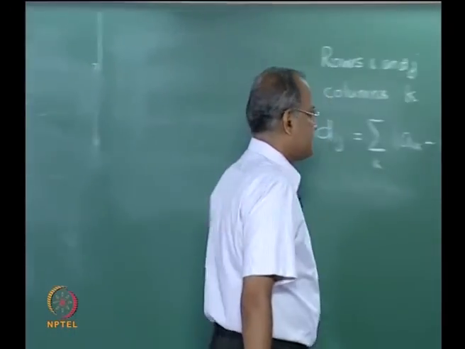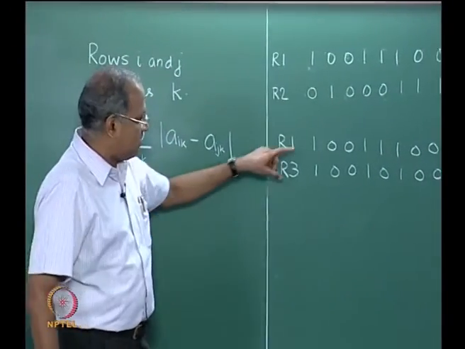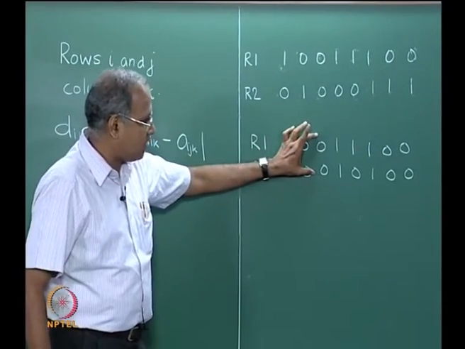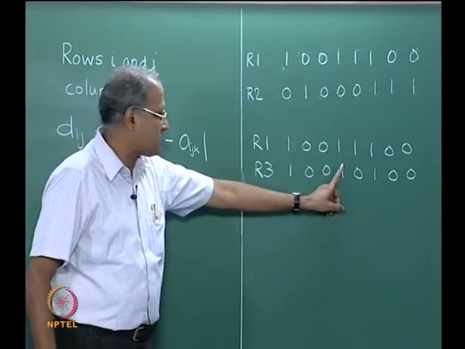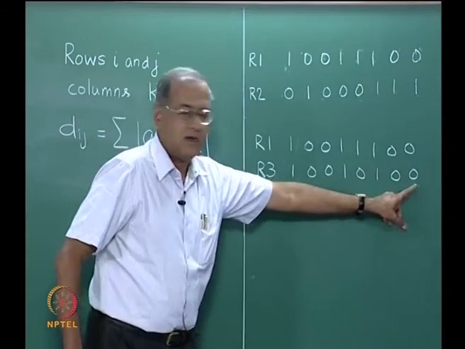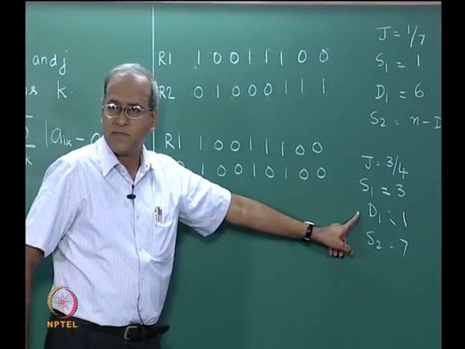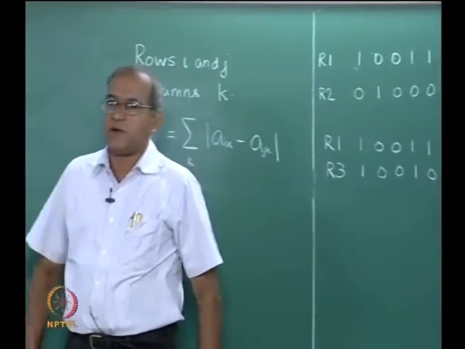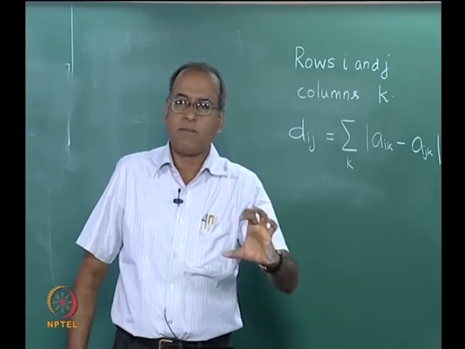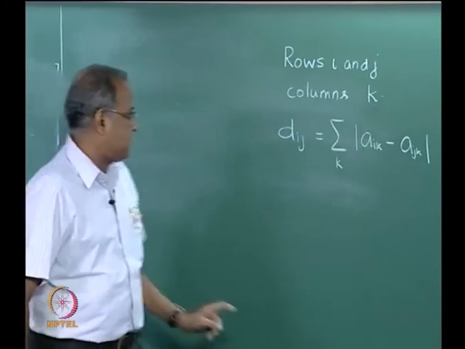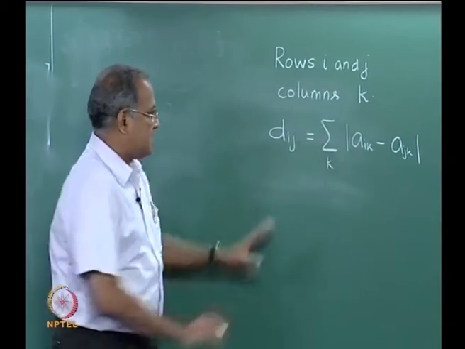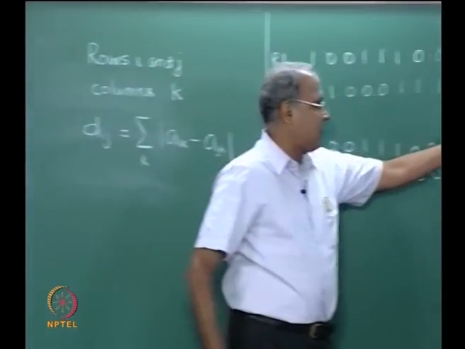For example, absolute value of 1 and 1 is 0, 0 plus 0 plus 0 plus 1 plus 0 plus 0 plus 0, d is equal to 1. So, this will add only when you have a 1 0 pair or a 0 1 pair. If you have a 1 1 pair or a 0 0 pair, the absolute value will be 0 and therefore, it will not add. So, this is a very formal way of defining this.